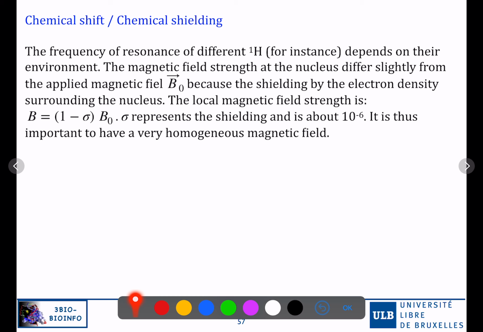And so it's really important to have a very homogeneous magnetic field B0, so what you measure is a direct consequence of the neighborhood of the different nuclei, and not a consequence of the inhomogeneity of B0.